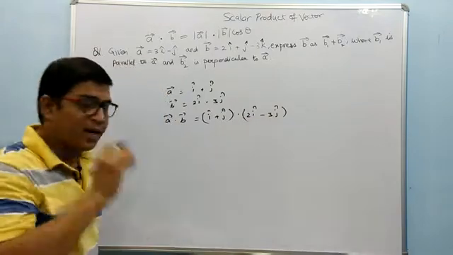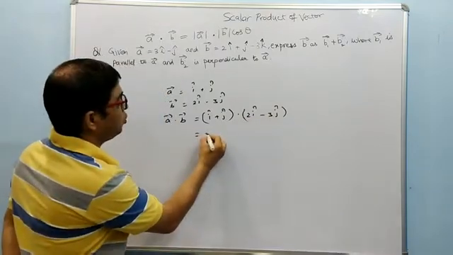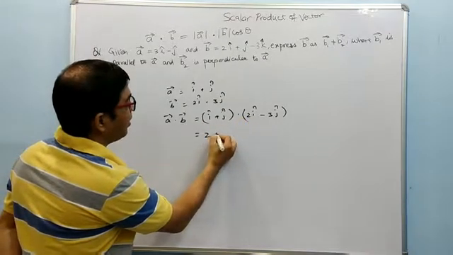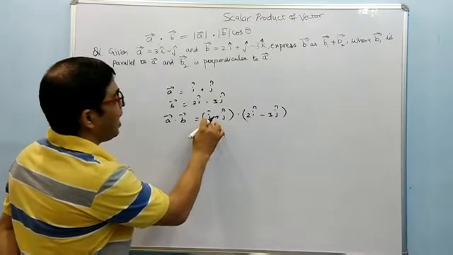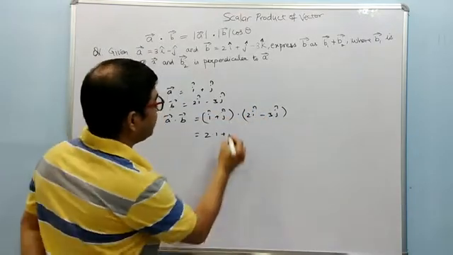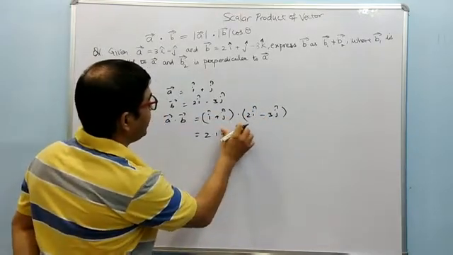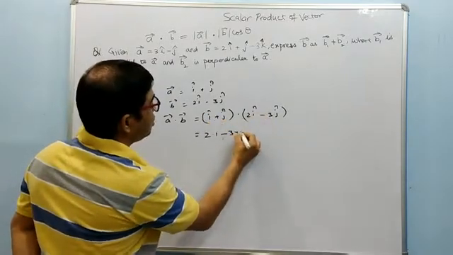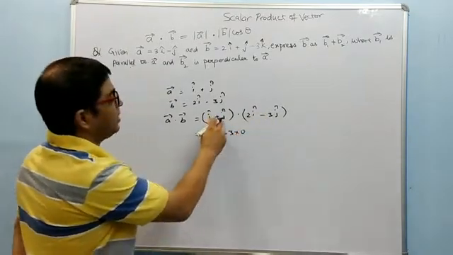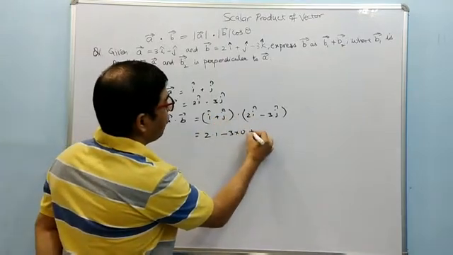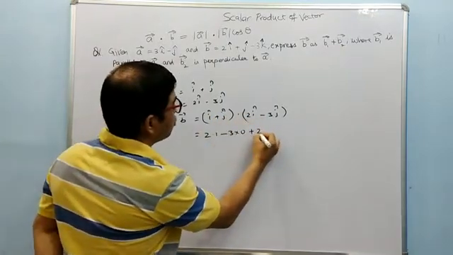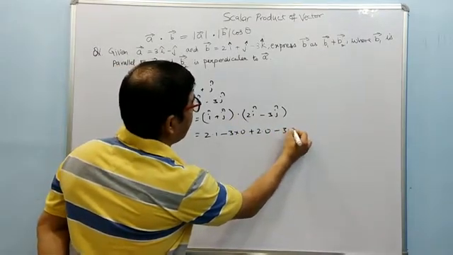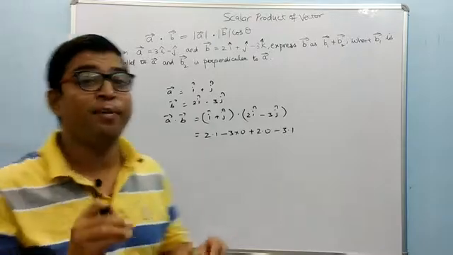So it is 2 i dot i, which is 1, minus 3 i dot j, which is 0, plus 2 j dot i, which is 0, minus 3 j dot j, which is 1. So you can easily find the magnitude.